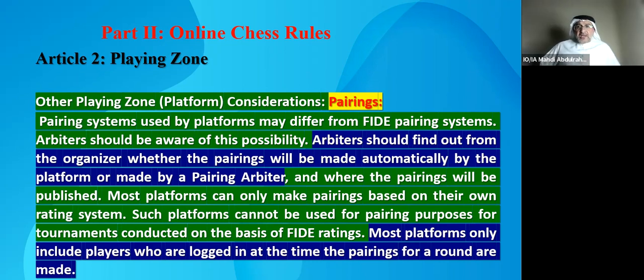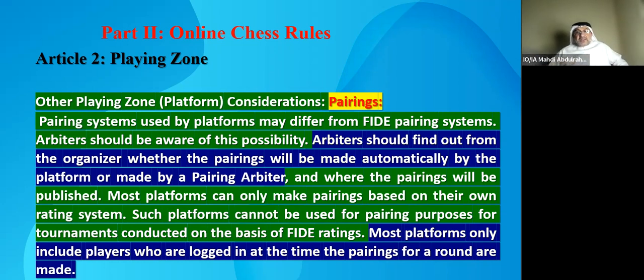our pairing. Arbiters should find out from the organizer whether the pairing will be made automatically by the platform or made by the pairing arbiter, because for some events the pairing is made by the platform automatically, like chess.com.